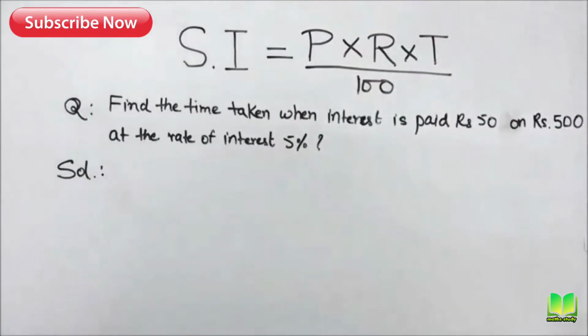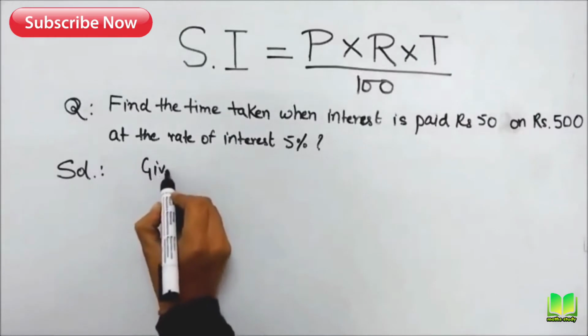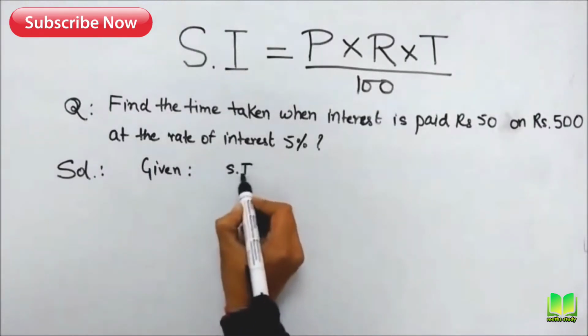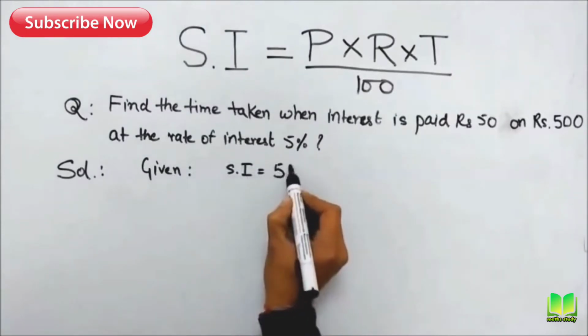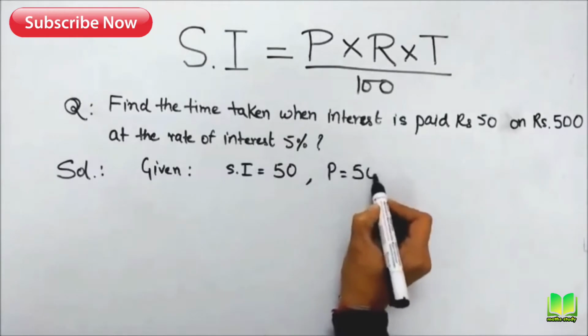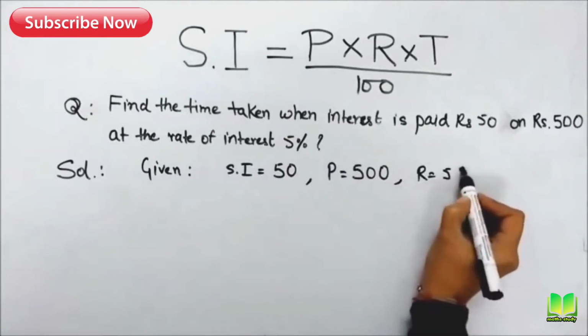Now have a look at the second question. Find the time taken when simple interest paid is rupees 50 on 500 rupees at the rate of interest 5%. Now what we have given is simple interest 50, principal 500, rate 5%.